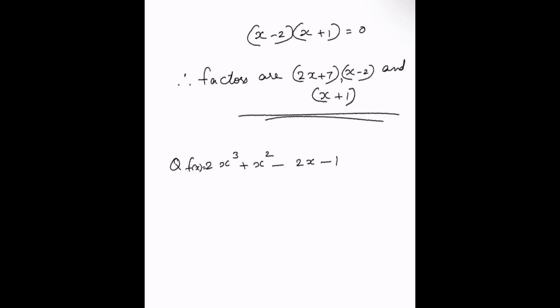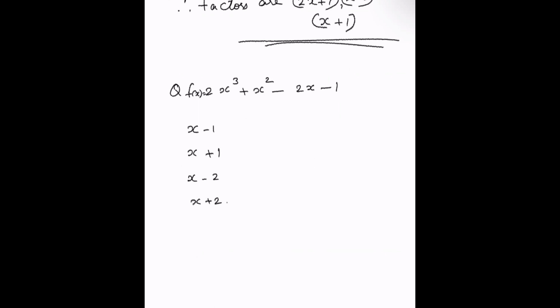So when this kind of question comes, you have to do some kind of guesswork. Guesswork in the sense that you have to try with x minus 1, x plus 1, x minus 2, x plus 2. One of these will give you the remainder 0.